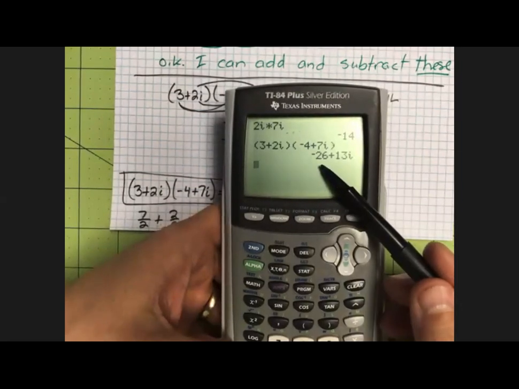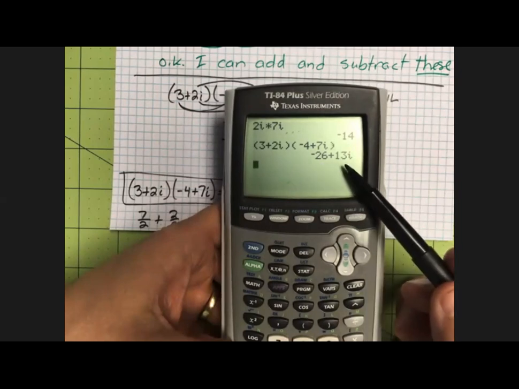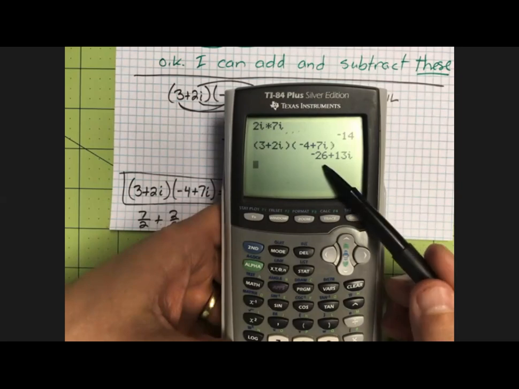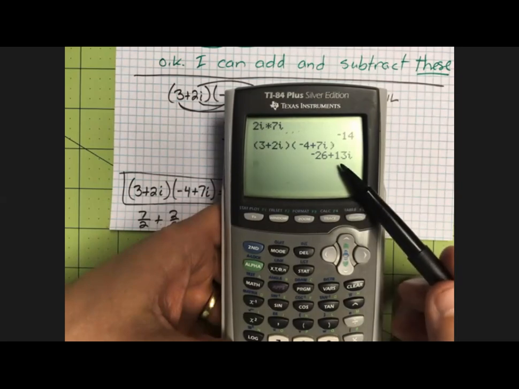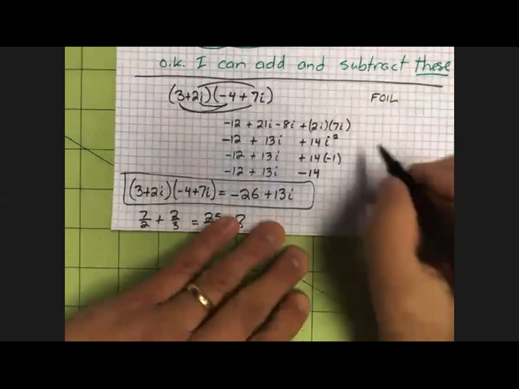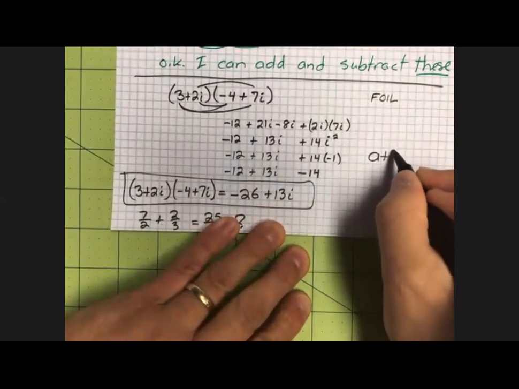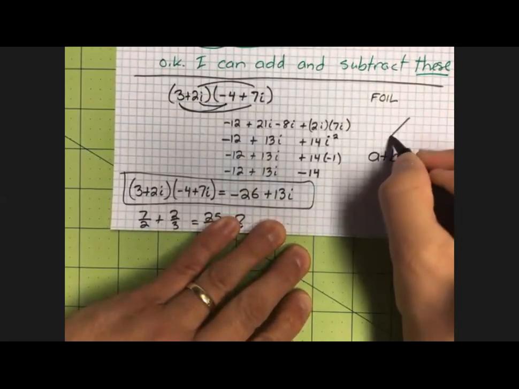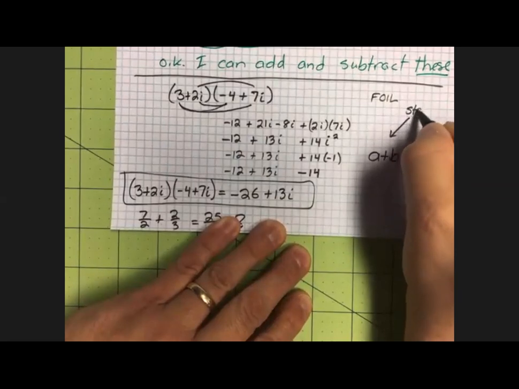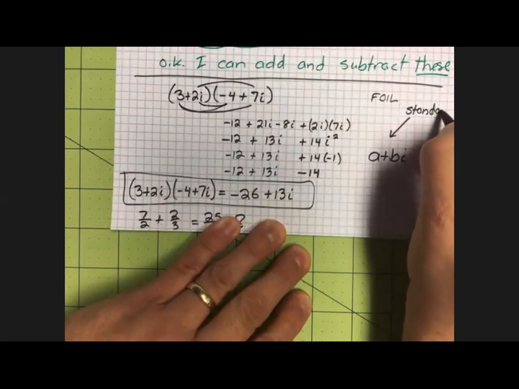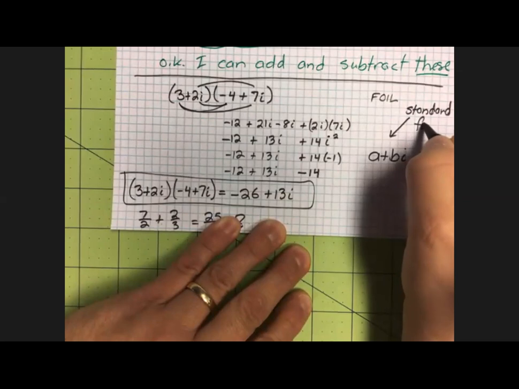When you write complex numbers, you always write the part without the i separate from the part with the i, and you write them in that order. That's called standard form. And it's just a way of everybody writing the same.